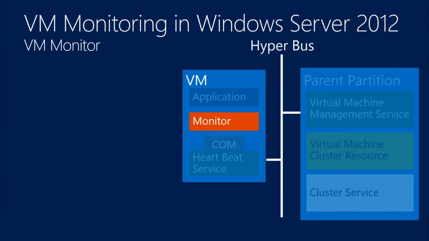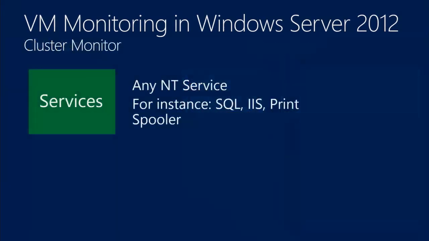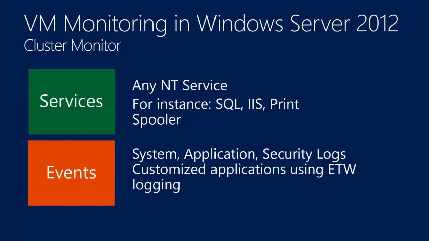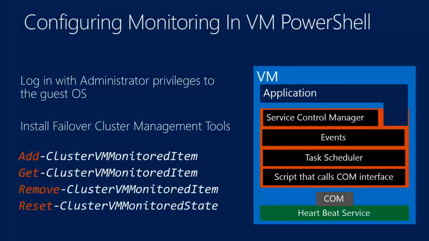So I mentioned that in 2012 and 2012 R2, we do have an inbox ability to set up this monitor piece. And we can make it so you can specify a service or event that will trigger the app critical state to be signaled to the host. The layering looks a little bit like this.